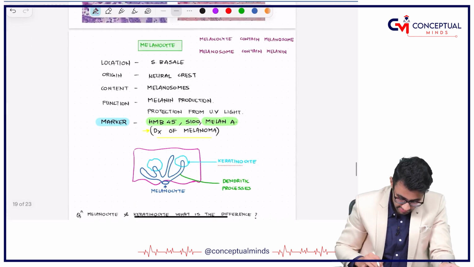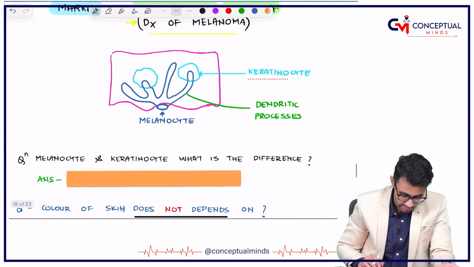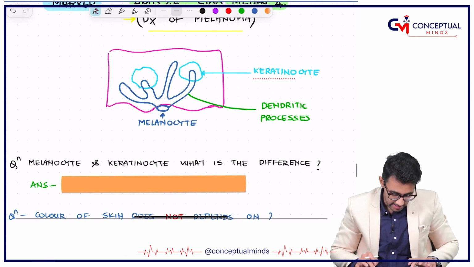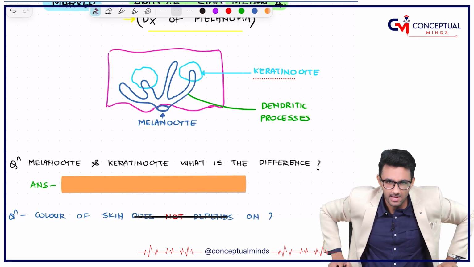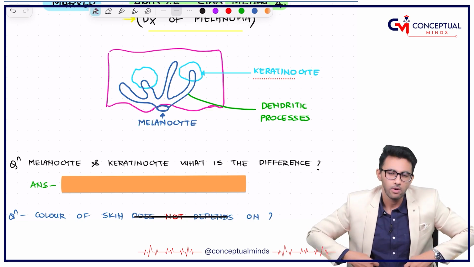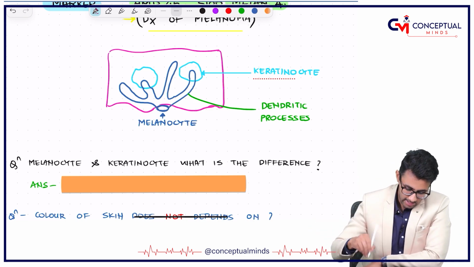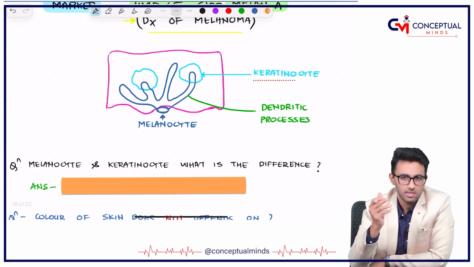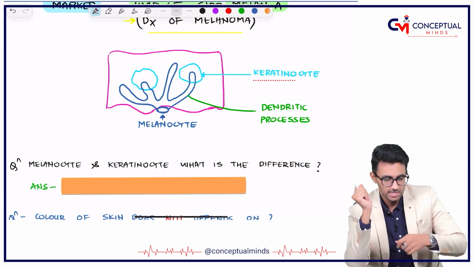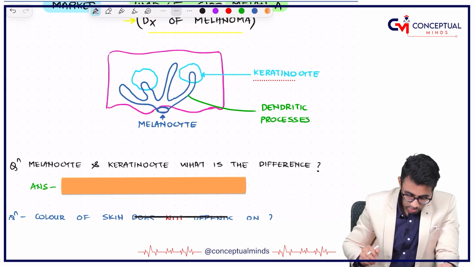All right, the next question I want to ask you is right here. What do you think is the difference between a melanocyte and a keratinocyte? The answer is that there are no desmosomes in melanocyte.